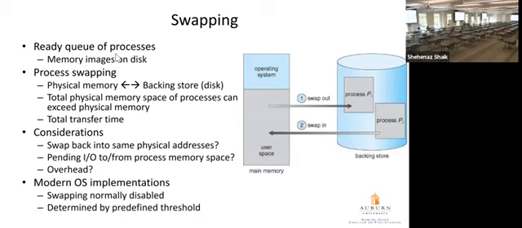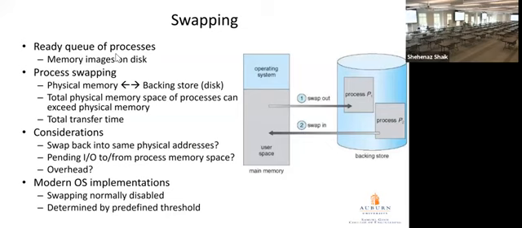Okay, so at specific points in time, we have this long-term scheduler in the system, which will make a decision to move one of the processes from the persistent storage to the ready queue, so that it can be executed at some point in time.